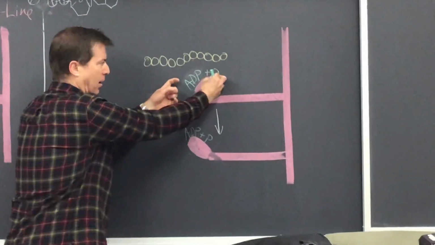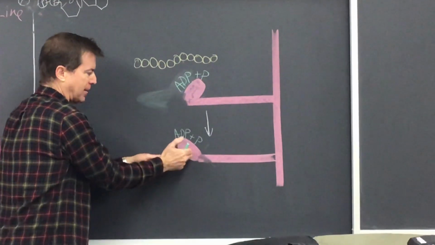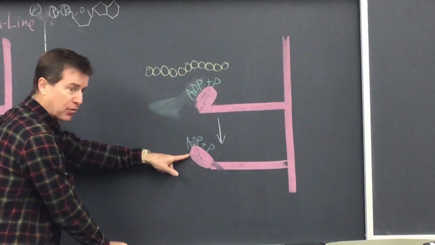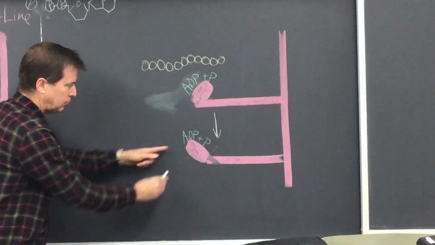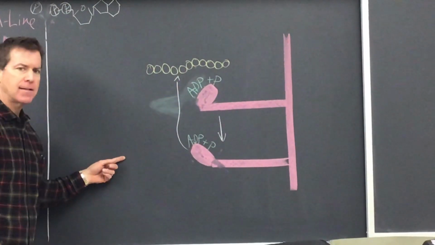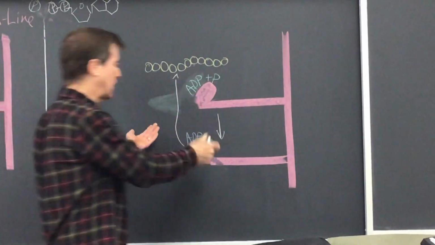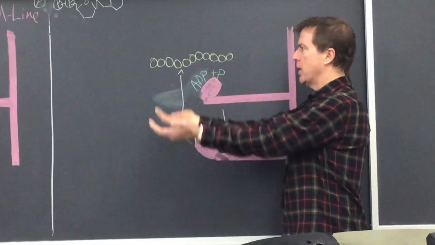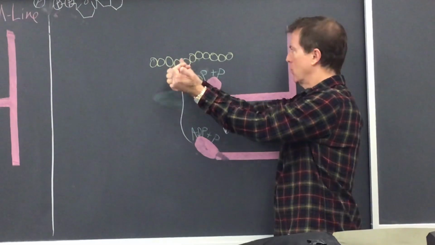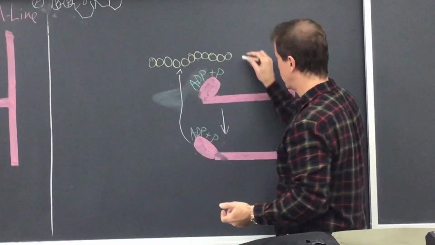The breaking of the terminal phosphate is what gave this energy to move. Now, after this occurs, myosin attaches to actin in that open position, reaches up, grabs actin, and it pulls it this way, toward the end line.